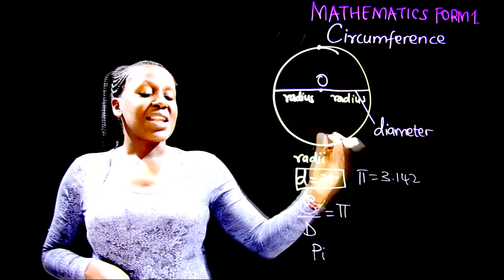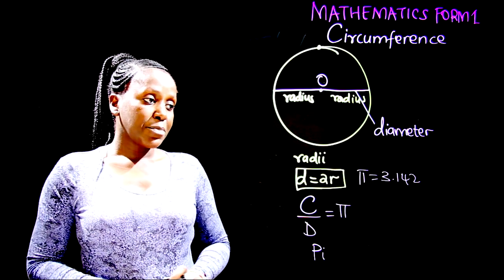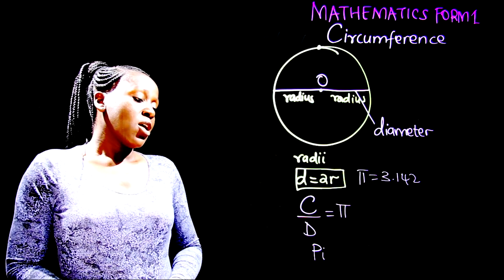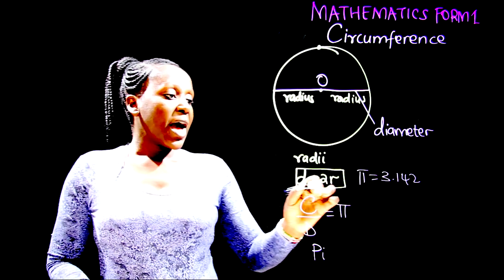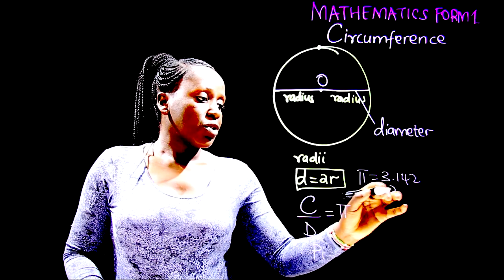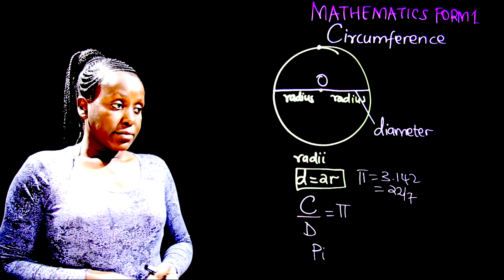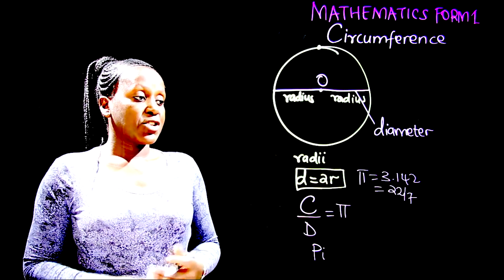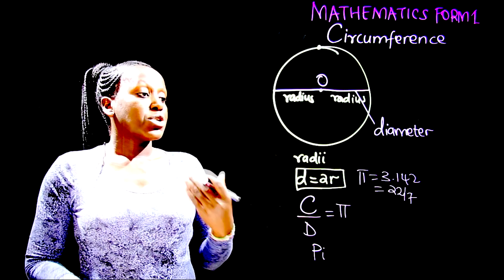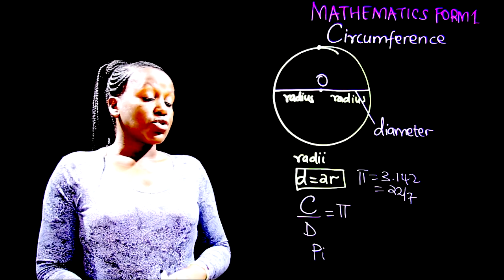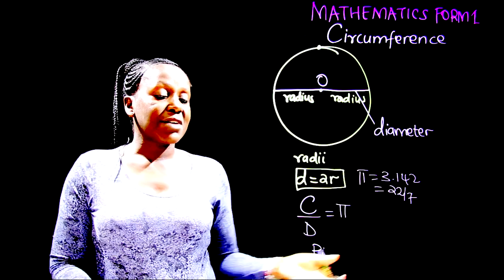It is a non-terminating decimal, but when expressed as a fraction, pi can be approximated to 22/7. So when using pi to calculate the circumference of a circle, some questions specify that you use either 3.142 or 22/7.